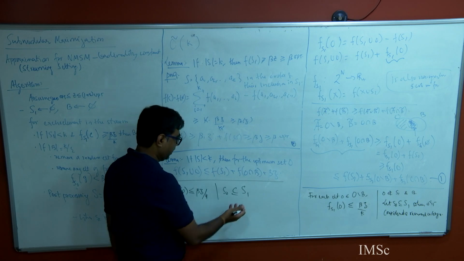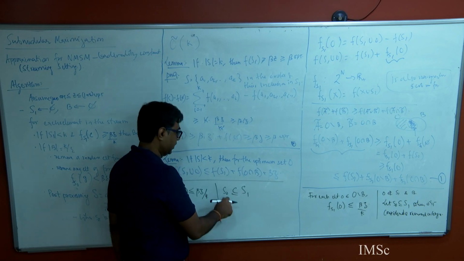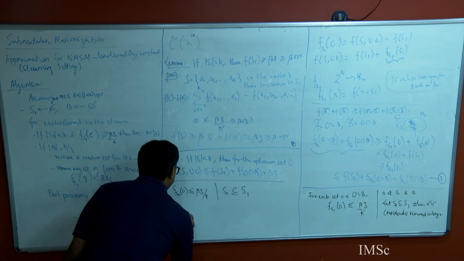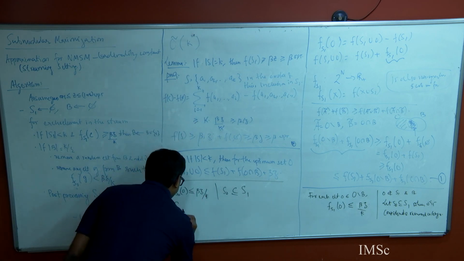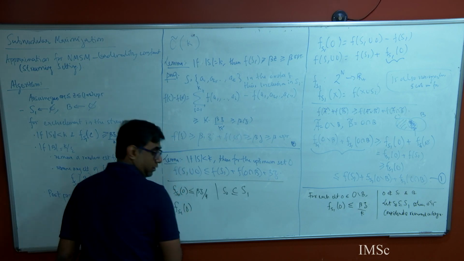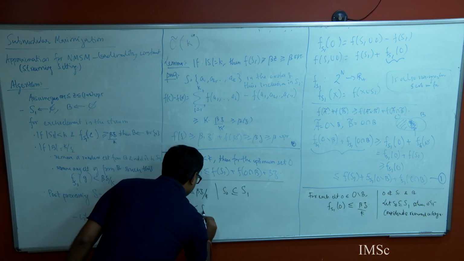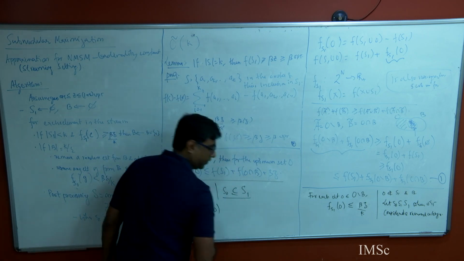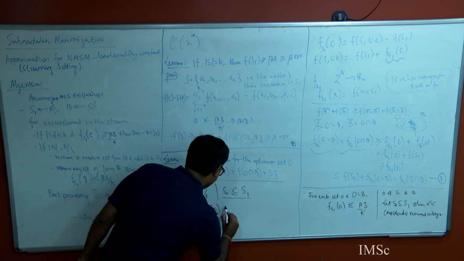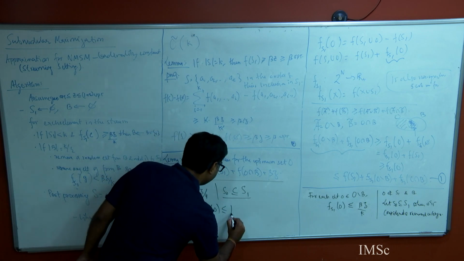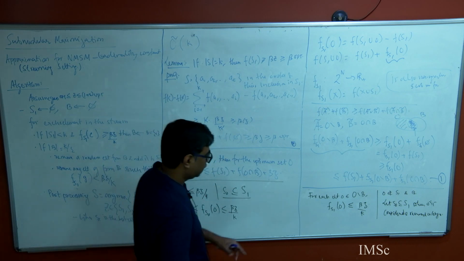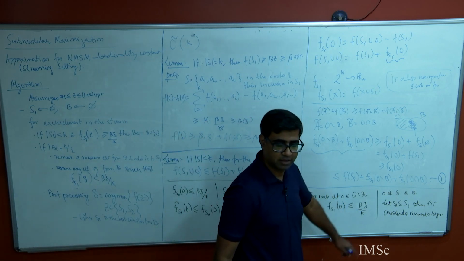So by the marginals of a subset contained inside a superset, we can definitely say that adding O to S1 is less than adding O to S0, because S0 is contained inside S1, and that is at most beta Z by K.